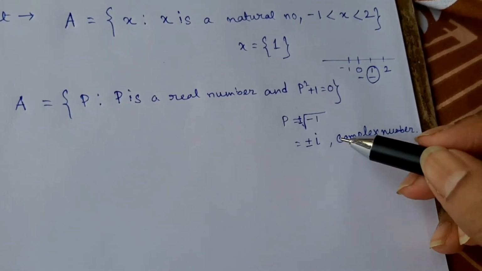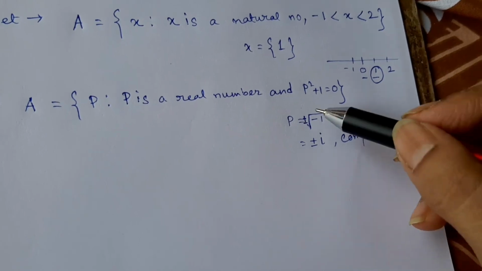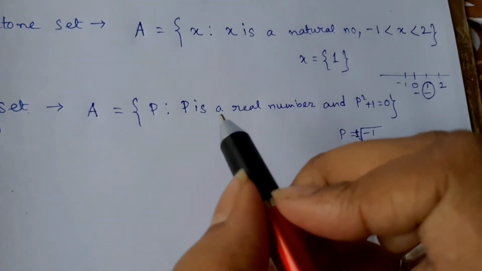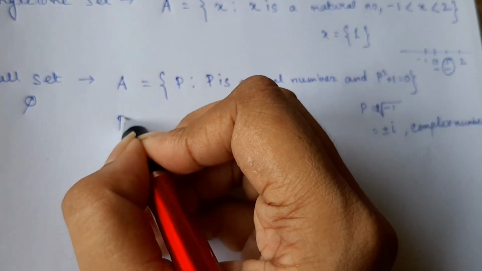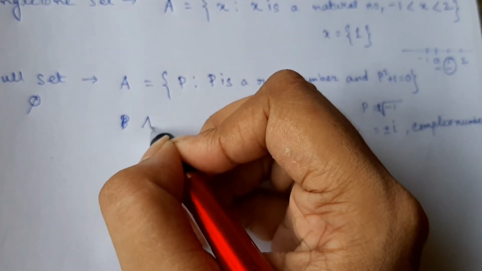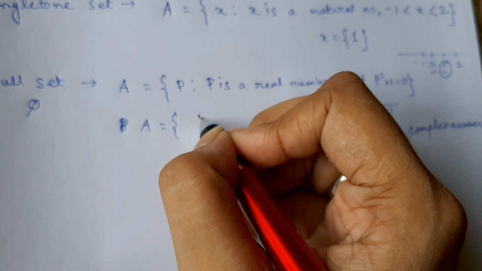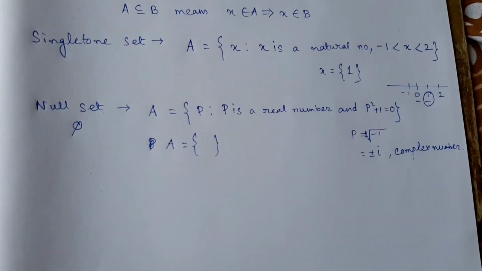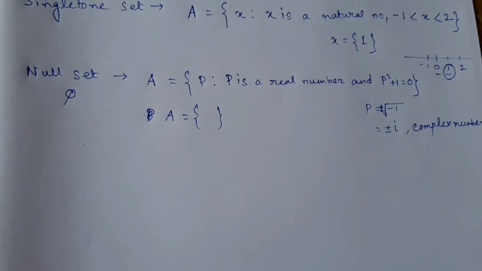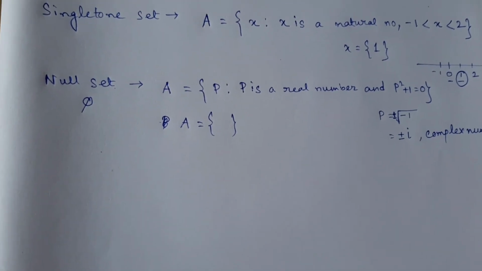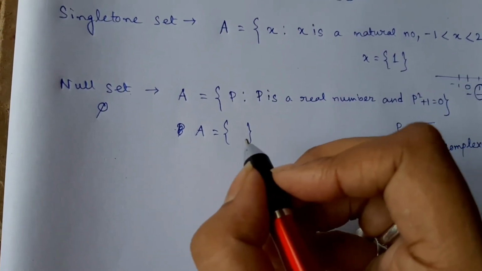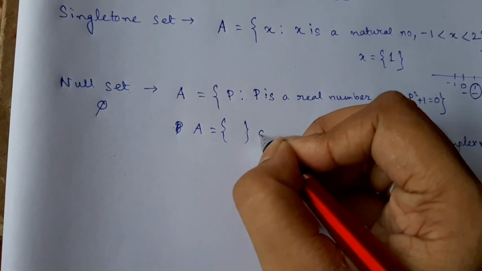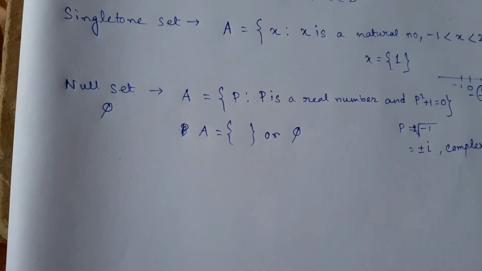So we cannot get any real number which is the value of P. So here A is the null set or void set, which does not contain any element. We can denote it by the symbol phi.